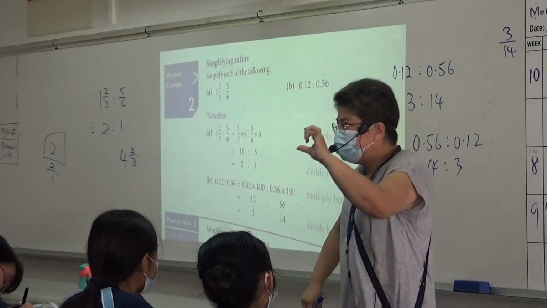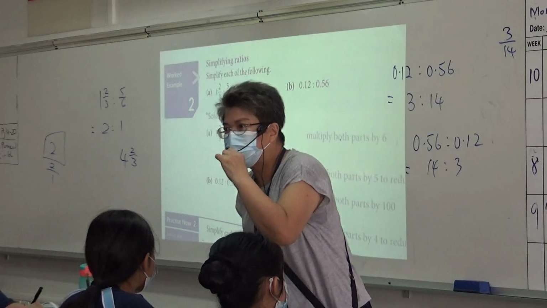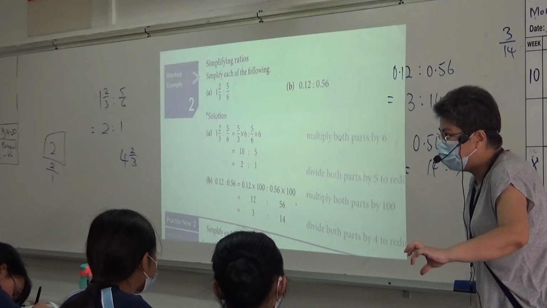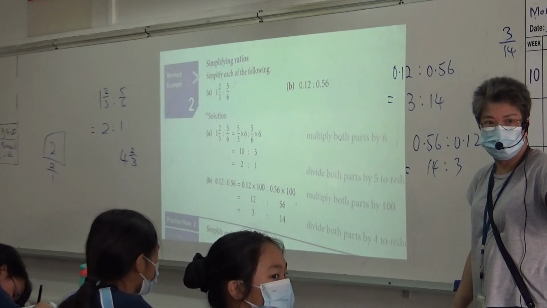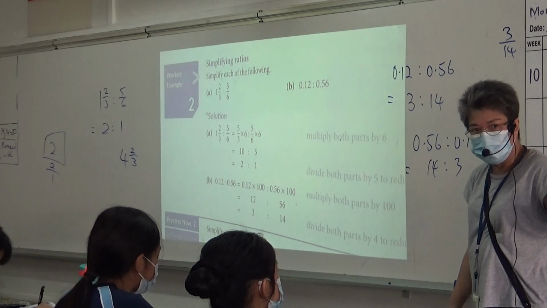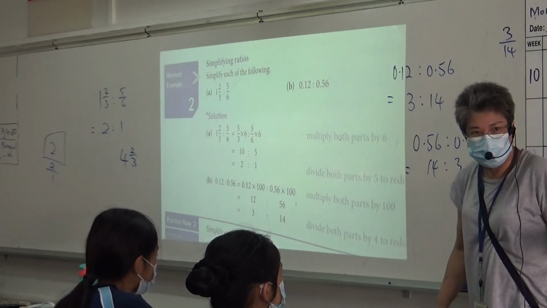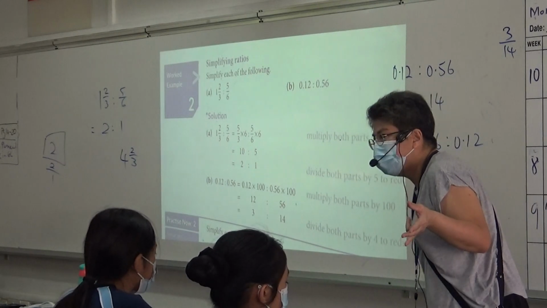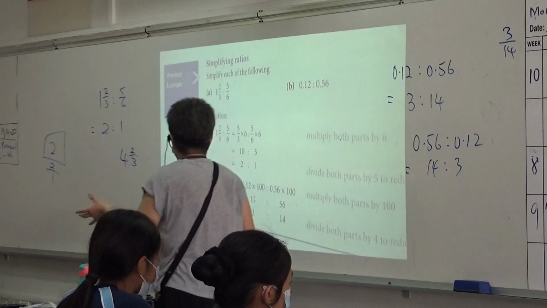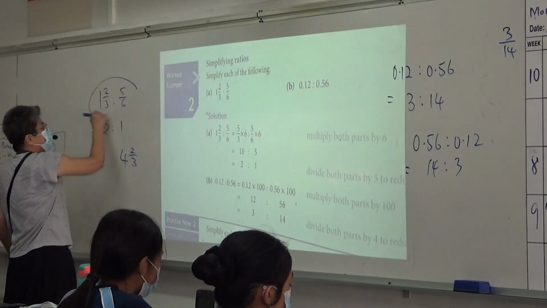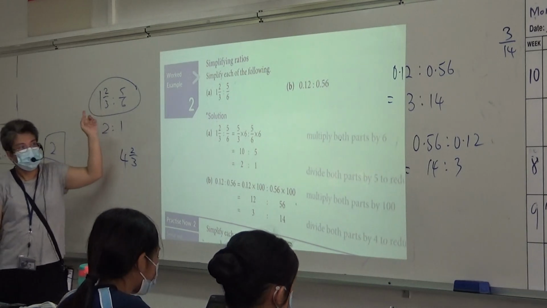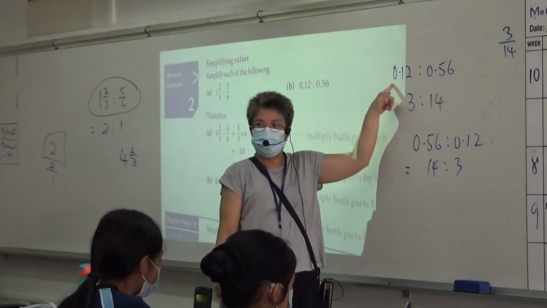Understand? So your answer cannot be a mixed number. It must be improper fraction, then you have this is to this. Understand? Everybody clear? Okay? Now, can we leave the answer in this form?